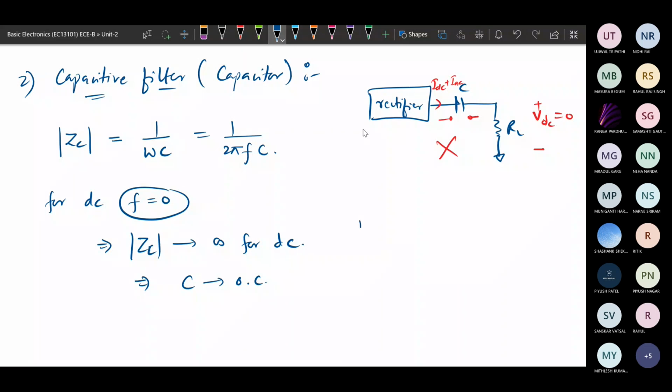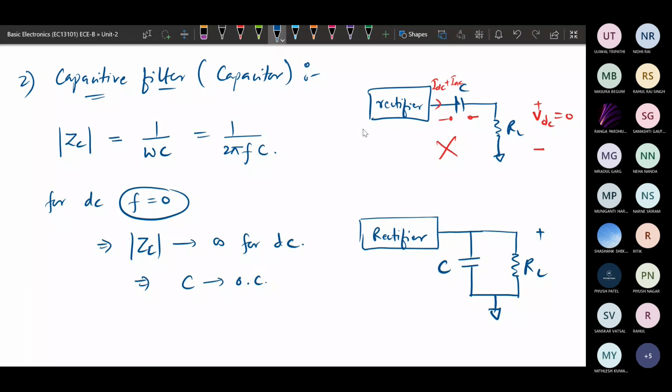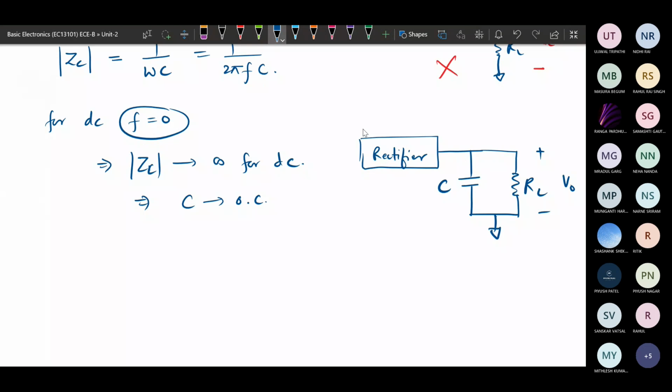The configuration we will use is: a rectifier is there, and instead of using the capacitor in series, we will use it in parallel. So this will be your capacitor and this will be your load resistance, and here we will take the output. In this configuration, the current flowing is IDC plus IAC.